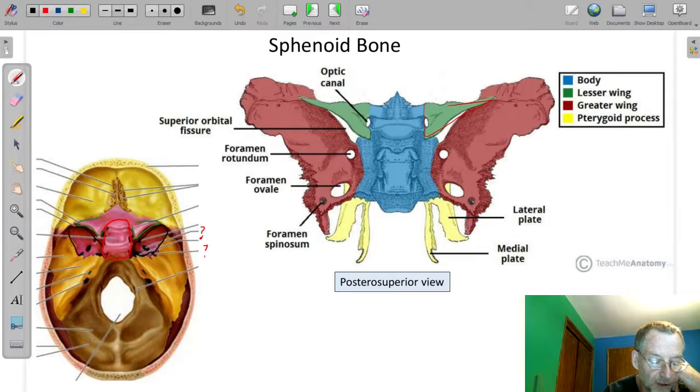You don't need to mark all this up on your slides. You'll get the hang of it. And then the yellow are the pterygoid processes that are descending inferiorly. You cannot see them in the view on the left. And there is a lateral and a medial plate. So these are the pterygoid processes.